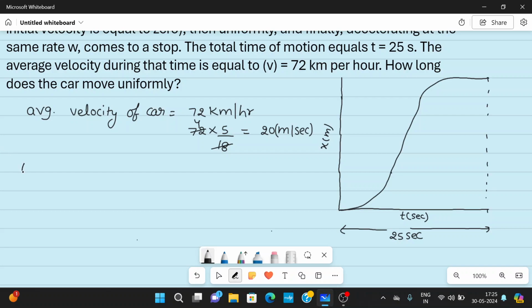So total displacement during the whole motion is equal to average velocity, which we will take in meter per second, into total time.